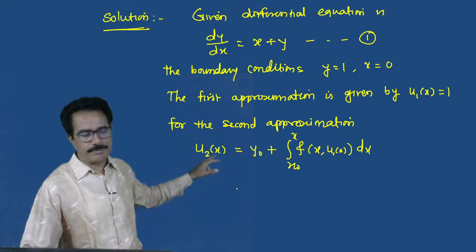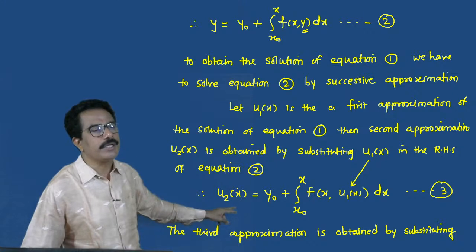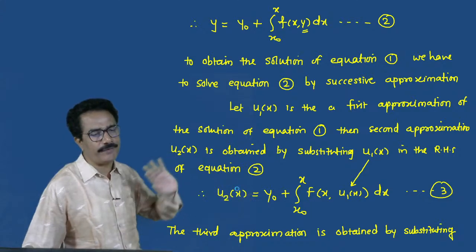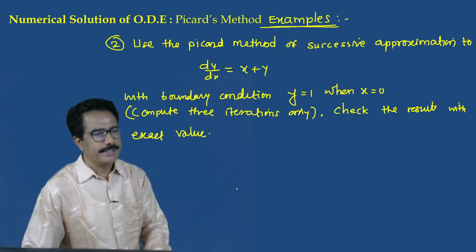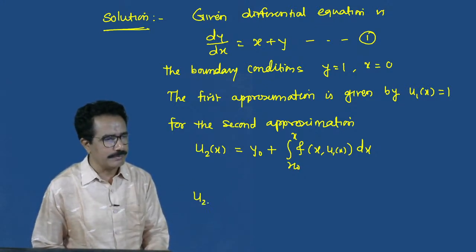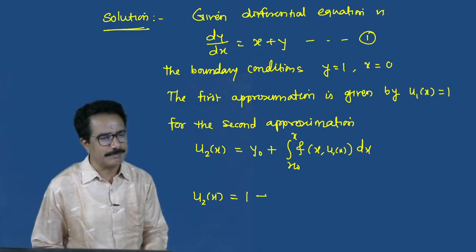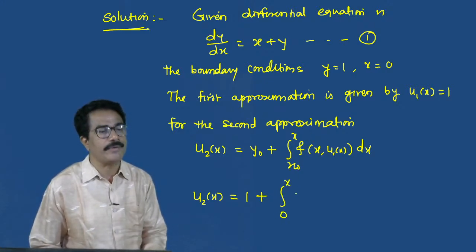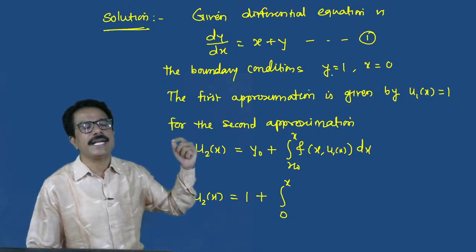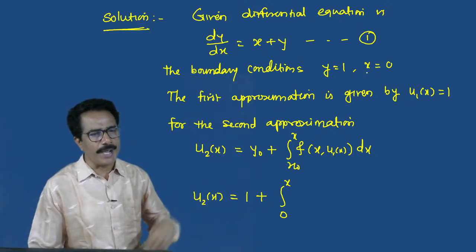This is the second approximation which is given by Picard's method. Here we have to replace y by u1 of x. u1 of x means the y. So we can write u2 of x is equal to y0, the initial value, that is 1, plus integral from x0 means 0 to the variable value x. Initial condition means actually that are x0, y0.